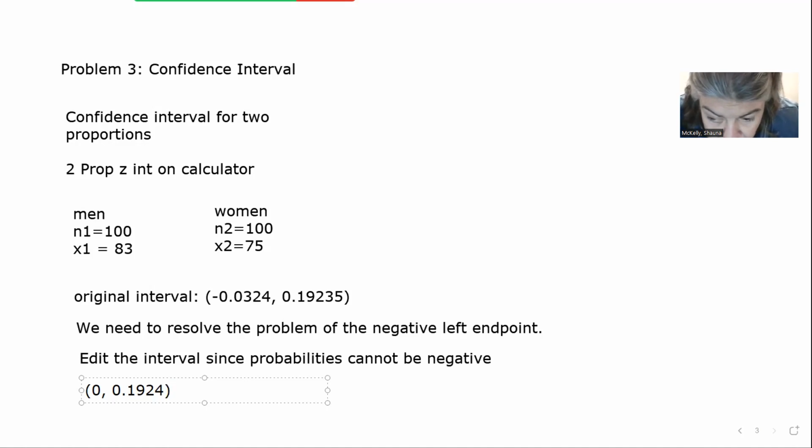Now that's your decimal. Okay. But she also, remember, when you have percentages, you convert it to a percent. So this goes from 0% to 19.24%.